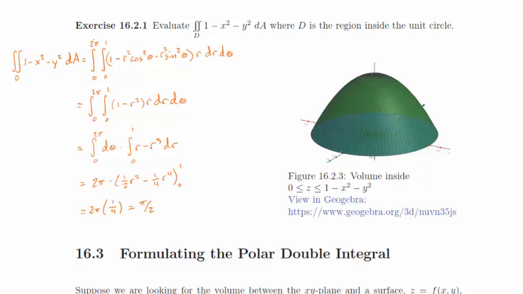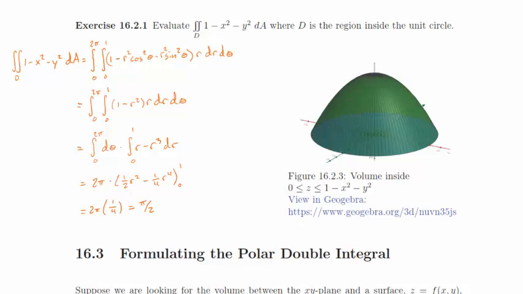Alright, to simplify this down, I can use my Pythagorean identity on cosine squared plus sine squared, which equals 1. So this simplifies down to the integral from 0 to 2 pi of the integral from 0 to 1 of (1 minus r squared) times r dr d theta.